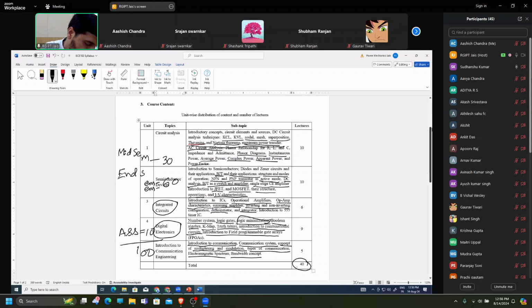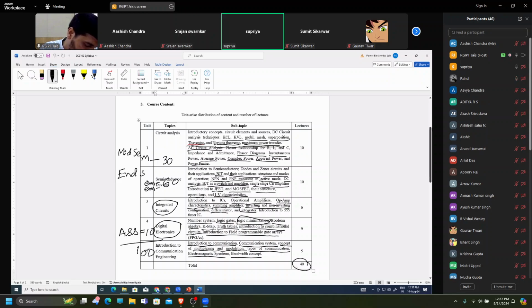Present, sir. Sumit Sikarwar. Present, sir. Supriya. Present, sir. Suryansh Verma. Ujjwal Nayan. Utkarsh Kumar Yadav. Present.